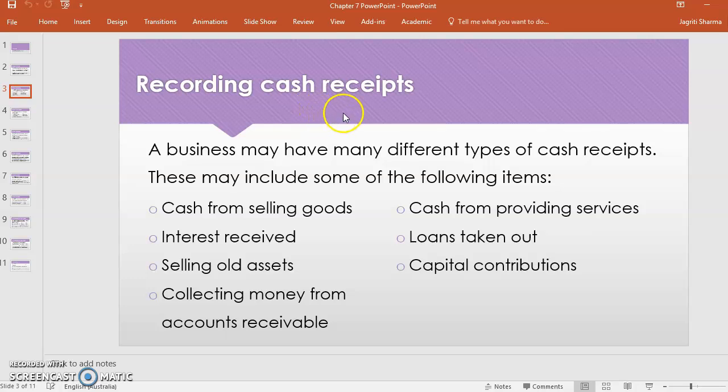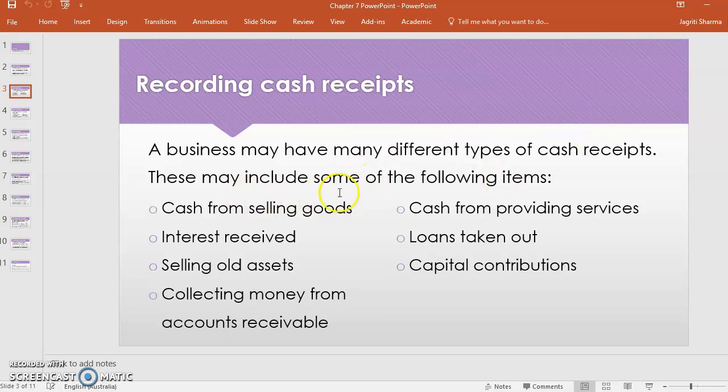Now regarding the cash receipts, someone asked me last week what is the difference between cash receipts and cash payments journal. Now a business may have many different types of cash receipts. Cash receipts means when the money is coming in, when you are a business owner and you get the money.